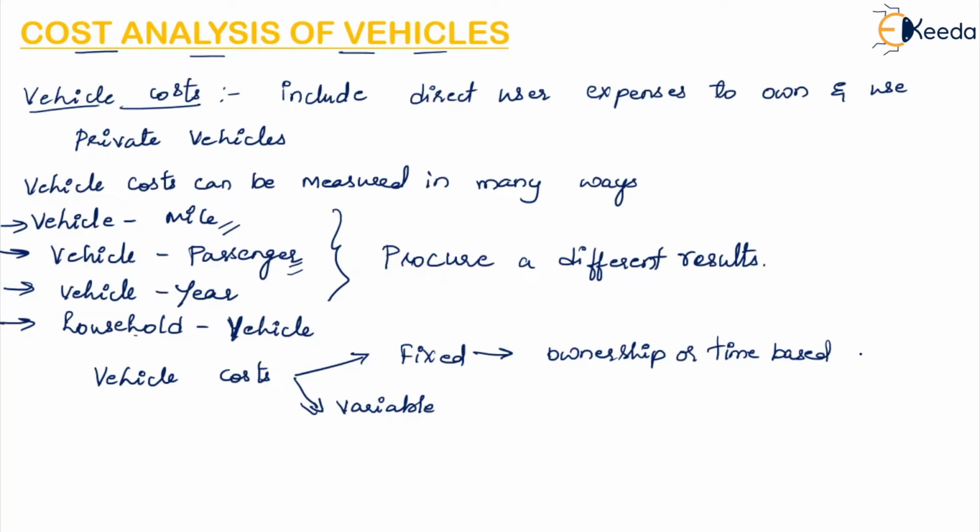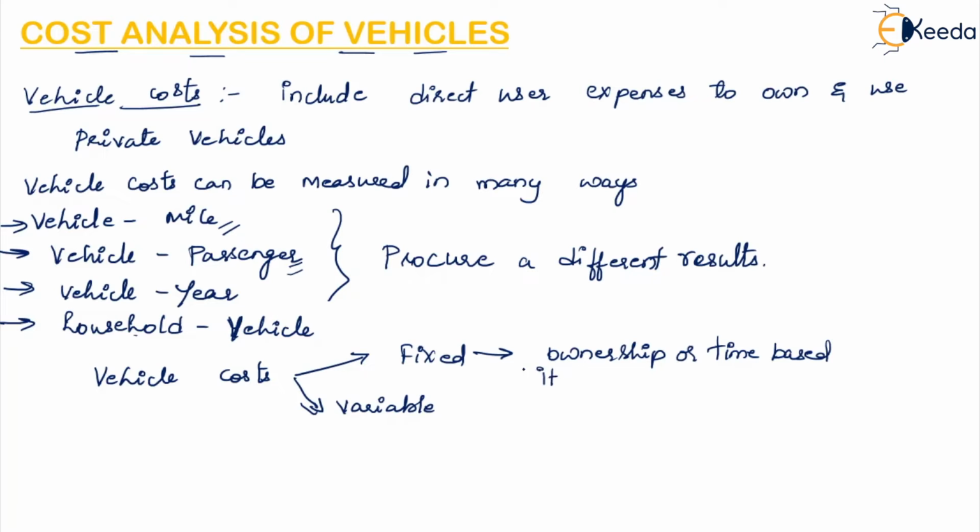So this parameter, that is the fixed cost, is not varied by the amount a vehicle is driven. So if the vehicle has traveled so many kilometers, so we will see usually how many miles the vehicle has traveled. So this fixed cost will not be affected by the number of kilometers the vehicle has traveled.